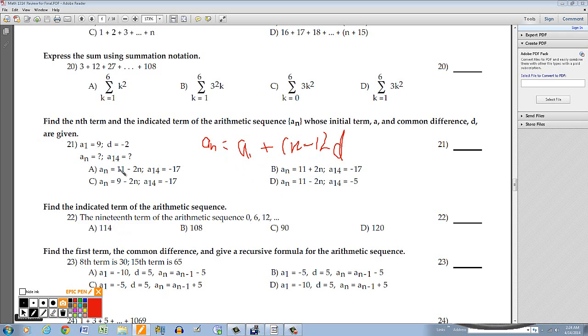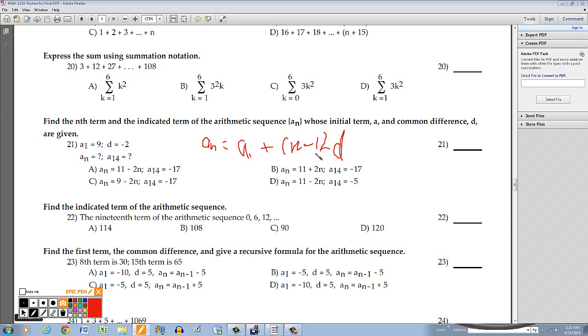Okay, so they want the 14th term. Let's try to find that A14. So we put 14 right there, and that's going to give me 14 minus 1 is 13, and then times D, which is -2.